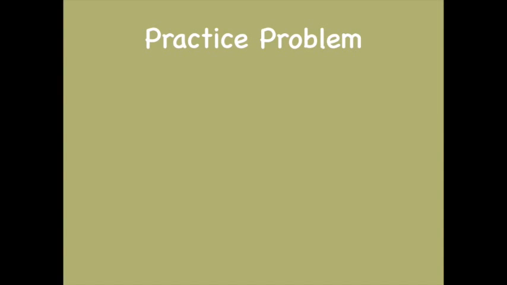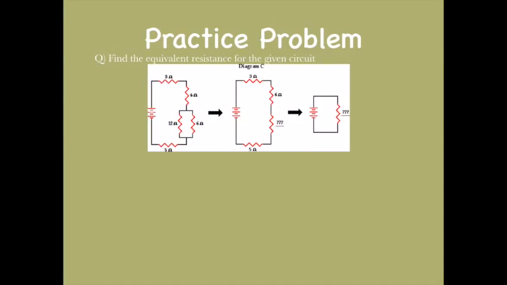So let me solve another problem. Here I have 2 resistances in parallel and 3 in series. So for the parallel part, the equivalent resistance will be given by 1 by 6 plus 1 by 12 whole inverse.